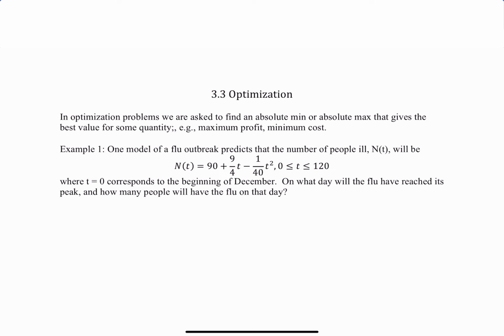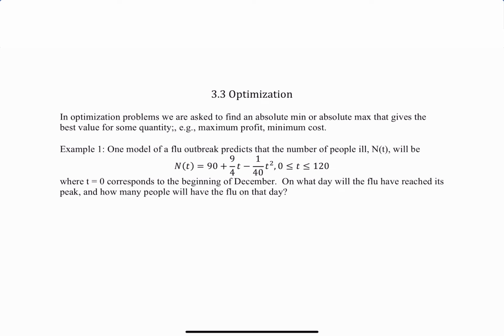And t equals 0 corresponds to the beginning of December. On what day will the flu have reached its peak, and how many people will have the flu on that day? I don't know if we would call that the best value for the flu, but anyway, we're being asked to find the absolute maximum of the number of people that have the flu.